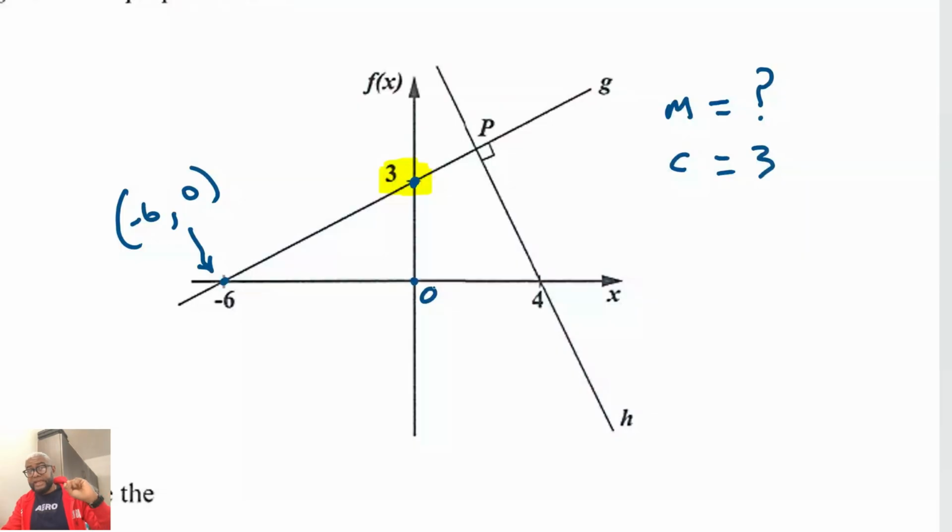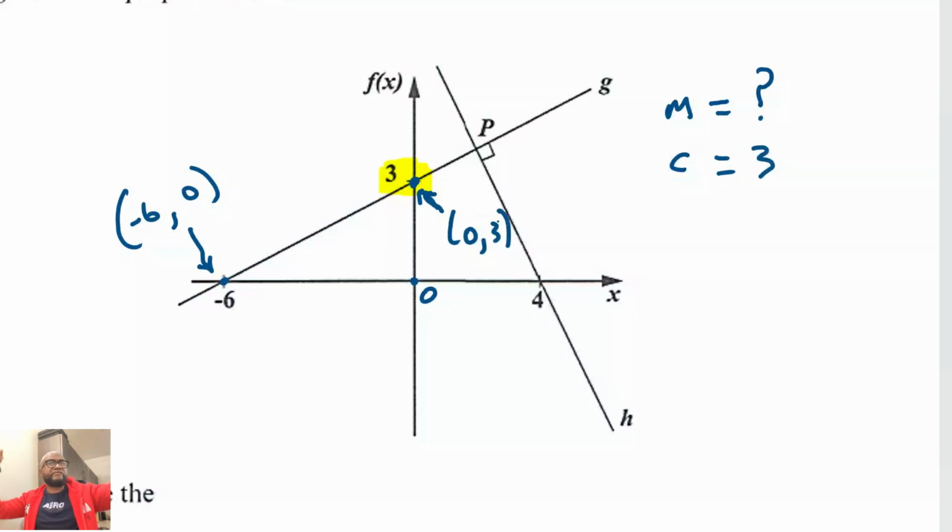So that coordinate there, which is actually the x-intercept, would be -6 on the x-axis and 0 on the y. Now this coordinate here, which is my y-intercept, what are the coordinates of this point here? 0 on the x and 3 on the y.